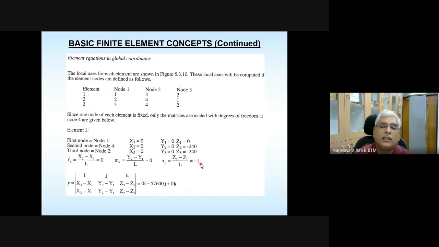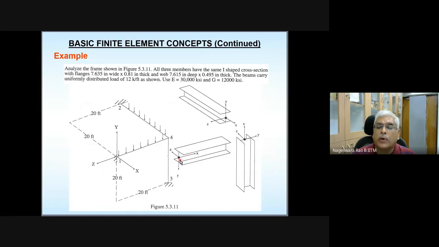If you normalize it with the length of that vector, dividing by L is normalizing, you are going to get the unit vector. So Lx, Mx, Nx are nothing but the unit vector components in the direction of the local x-axis. Now I am interested in the unit vector pointing in the local y-axis. How do I get it? You see here, the local y-axis is pointing like this.